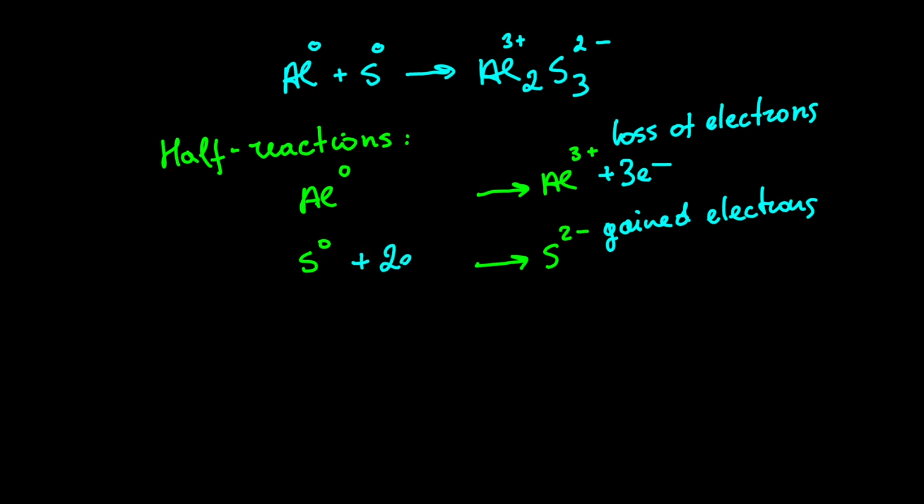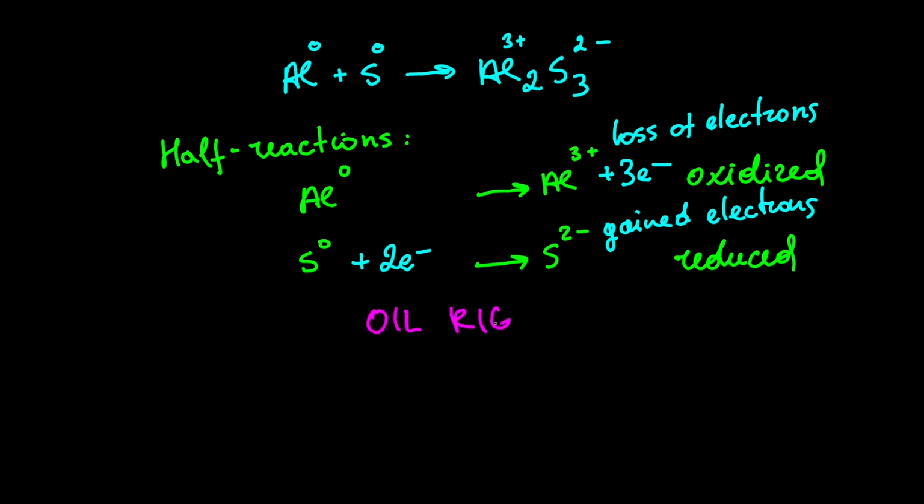Now, whenever electrons are lost, we say that compound was oxidized. And whenever electrons are gained, we say that compound was reduced. A simple way to remember this is the mnemonic device OIL RIG, meaning oxidation is loss and reduction is gain.